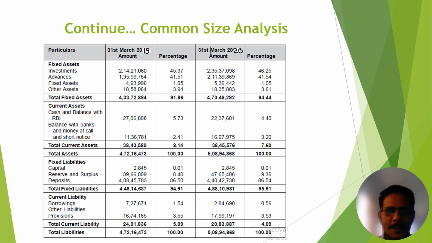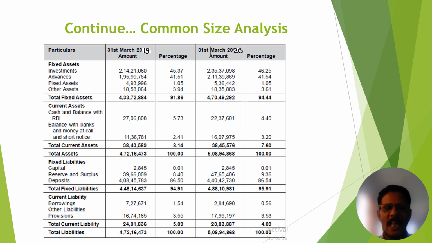And our total current assets are 38,43,589. In reference to 100%, these total current assets are 8.14%.